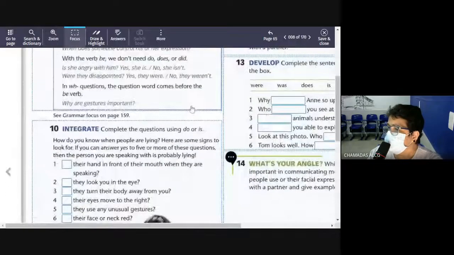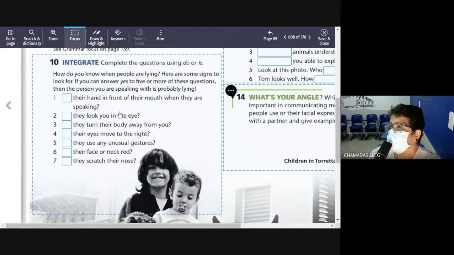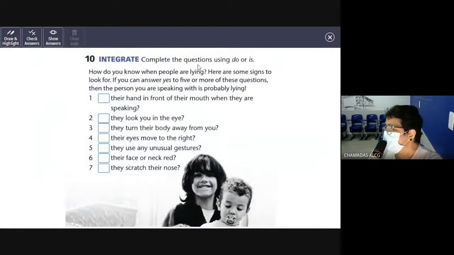So now let's practice a little bit. Complete the questions using do or the verb to be in the third person, is. So, how do you know when people are lying? Can you tell? Here are some signs to look for.